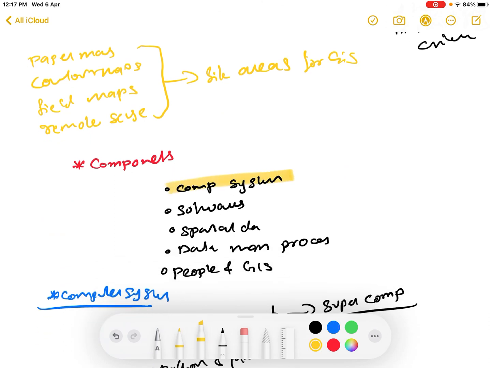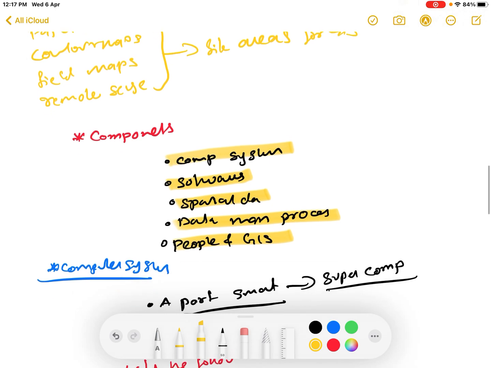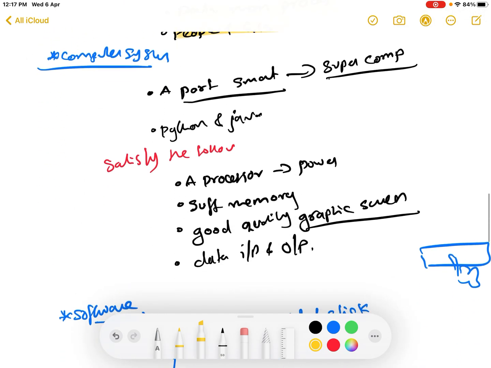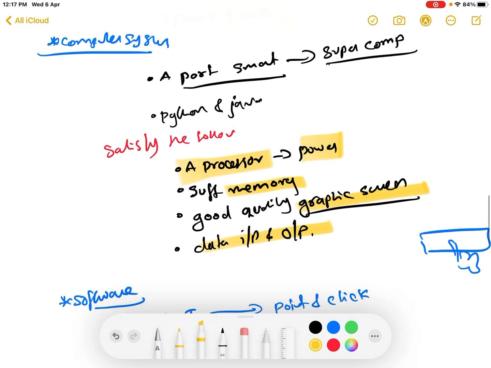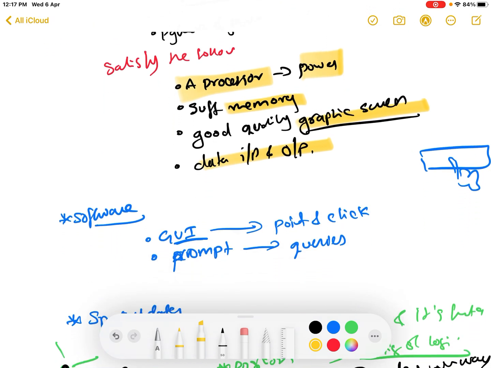As I've told you, we are discussing the components of GIS. The components include a computer system, software, spatial data, data management process, and people. In the computer system, we need a processor of sufficient power, sufficient memory and graphics, data input and output techniques, and output hardware. Then we have software, which we use for presenting, inputting and analyzing data.